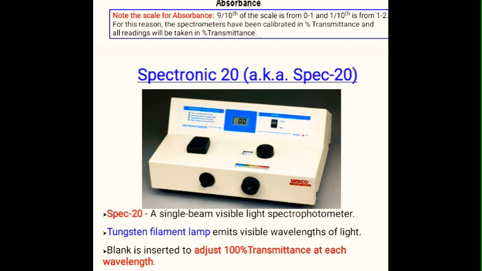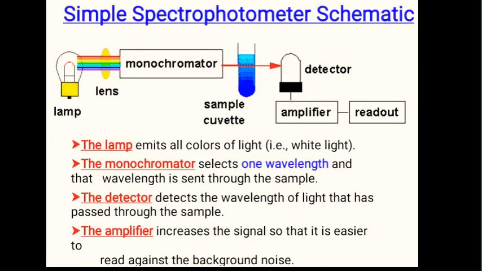Here is the lamp producing light that passes through the lens and the monochromator filter. The sample cuvette is in between, and the detector and amplifier read out the sample wavelength.